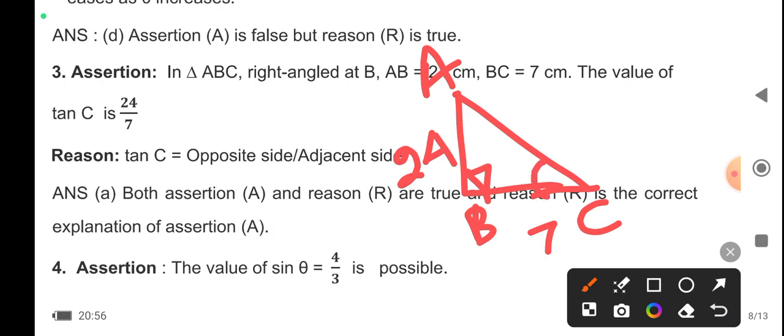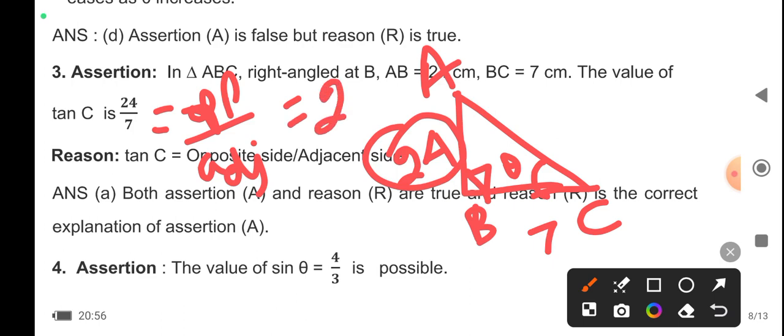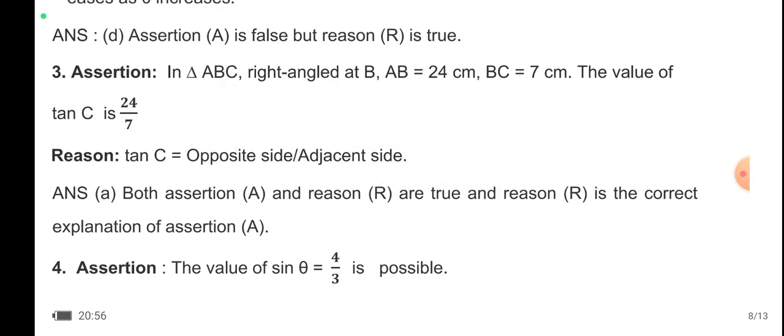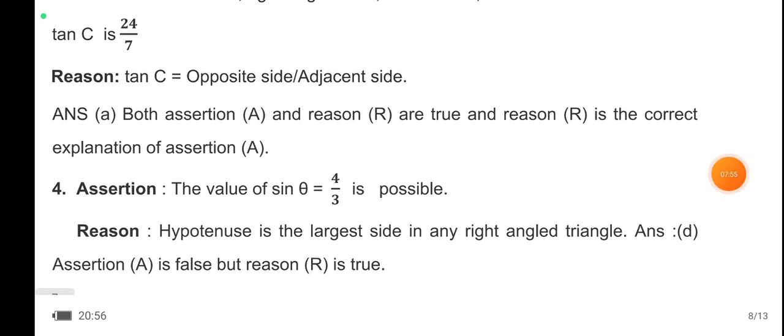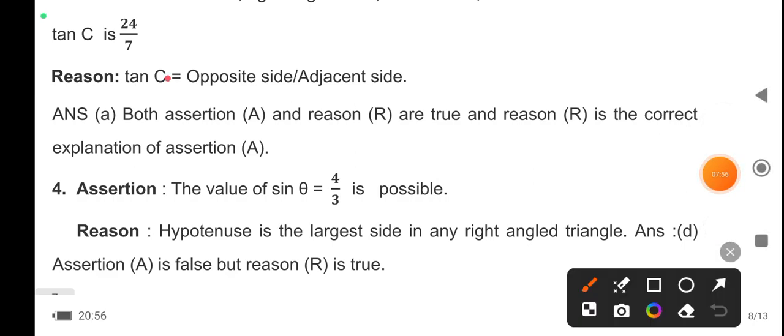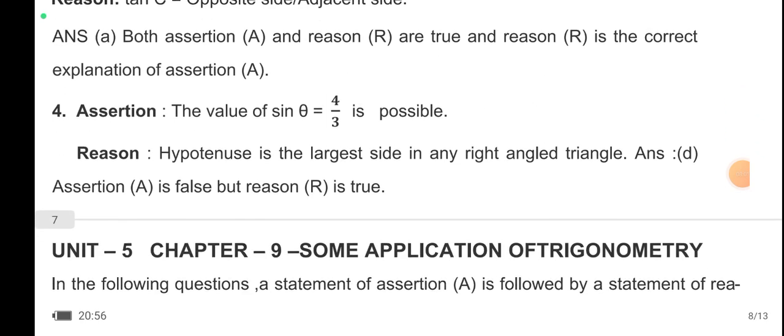Here the angle will be there since tan C is there, opposite by adjacent. What is the opposite value now? 24. The adjacent value is 7. So the assertion is correct. And the reason is also correct because they're talking about tan C being opposite by adjacent. Yes, correct.